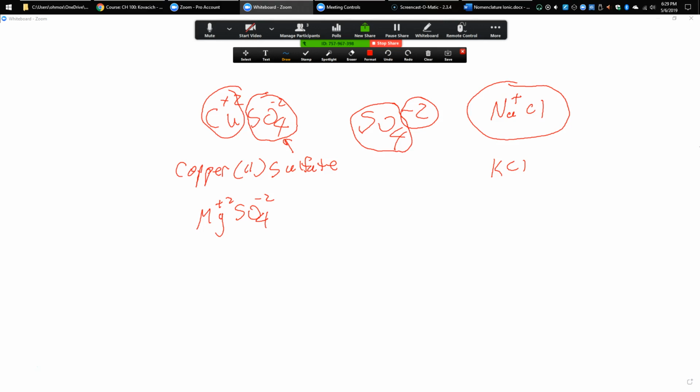Oh, what is K? Potassium chloride? Yep, sodium is right above potassium on the periodic table, so they both have the same charge.